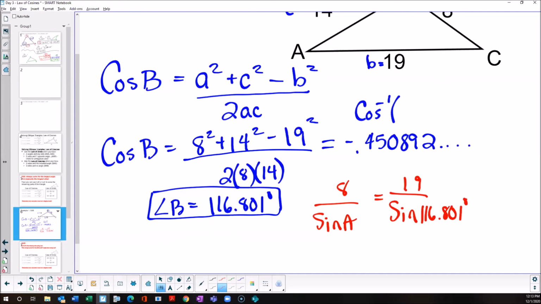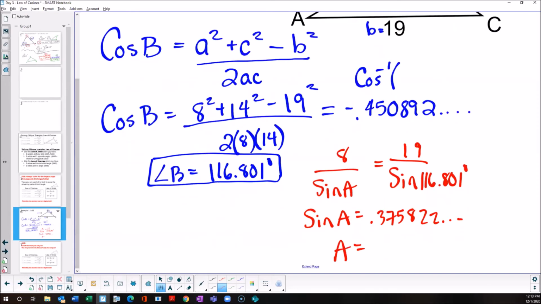So I can say sine of my second answer, times 8, divide by 19. For angle A, I'm going to do inverse sine now. Something like that. Is that what you got? 22.075. All right, so how am I going to get angle C? 185. There you go.